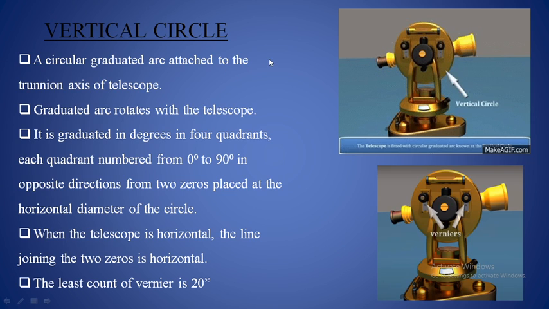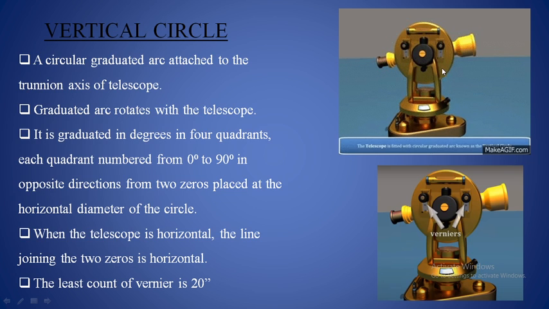So the next one is the vertical circle. The important part is the vertical circle, which is attached to the A-frame just beside the telescope, and this vertical circle will have two magnifying glasses which will help you to read vertical angles.